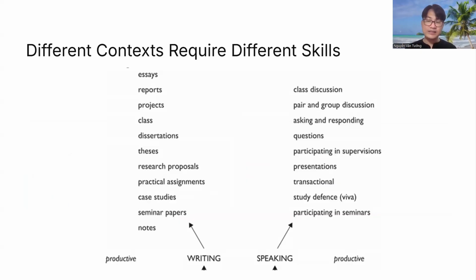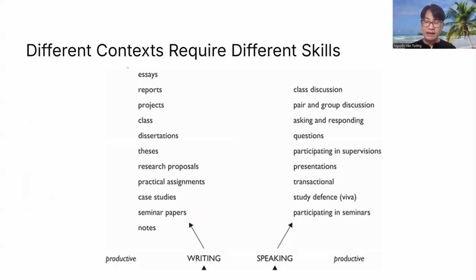Different contexts in ESP, let's say when I want to teach my students to write projects. The main skill required here should be writing, because everything should be shown on paper. Or if I want to write research proposals or case studies, everything should be done by writing.